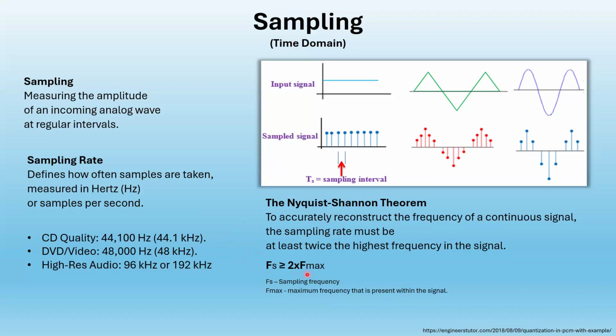The other thing we have to make sure of here is that equal or greater sign for the sampling frequency, how quickly, how fast we can sample those.